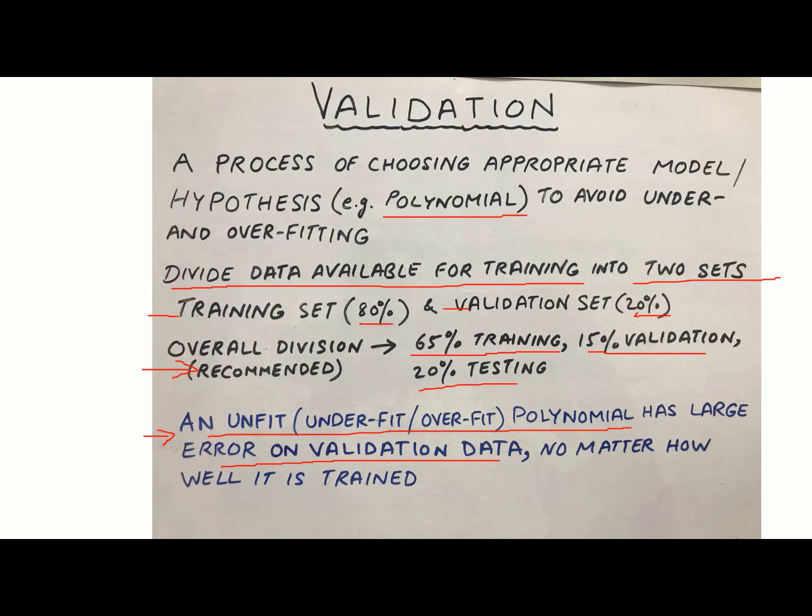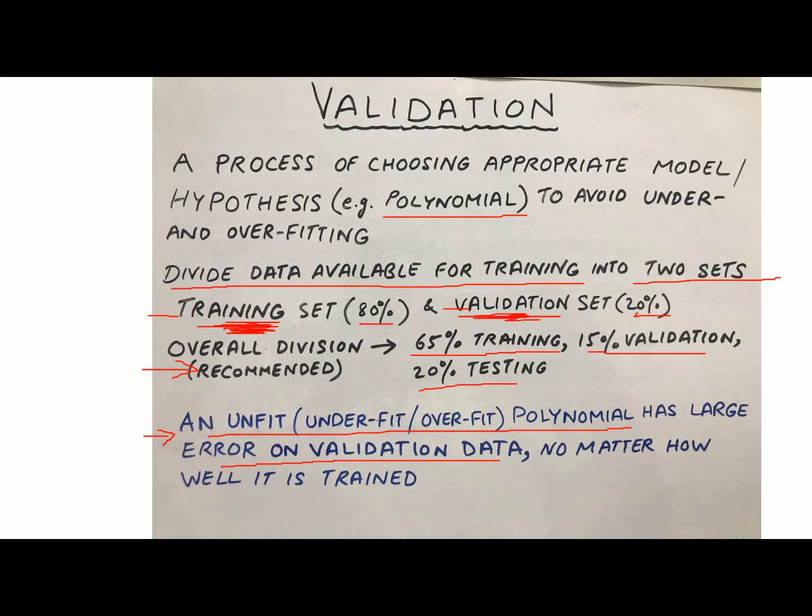So in some sense, if you think about a way to differentiate between training and validation, it is that in training we are trying to learn the parameters of the given model. So we select a model, a polynomial of a specific degree, and then we train it and we try to calculate the coefficients a0, a1, a2, and so on, depending upon the number of coefficients.